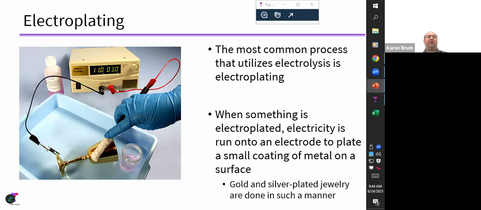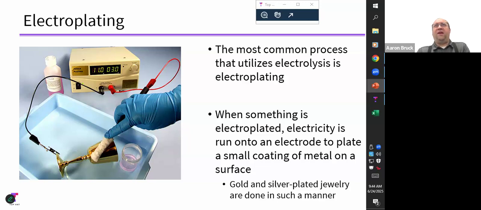Probably the most common, other than battery recharging, for electrolysis, is electroplating. Electroplating is a process where we can put a very fine film of a metal onto something by basically running it through a solution and electrically charging that surface.